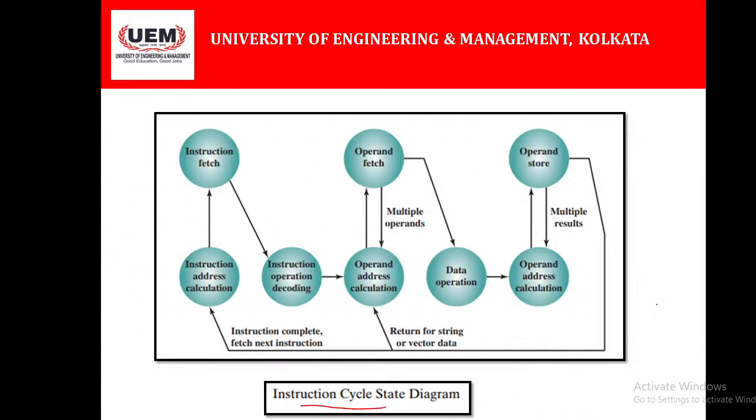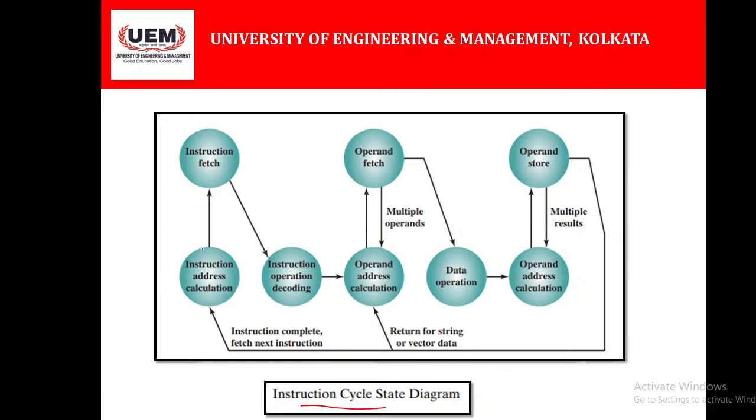You can find here the instruction address calculation first. Suppose you want to access memory location A. Which address are you going to, whether it is a direct fetch operation or you have to add some value?